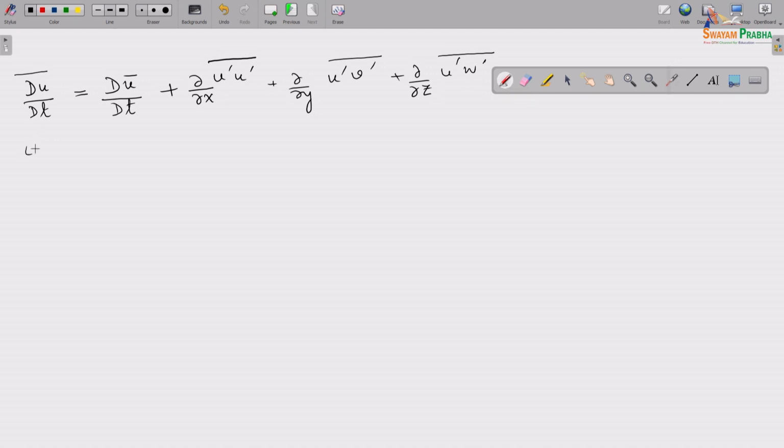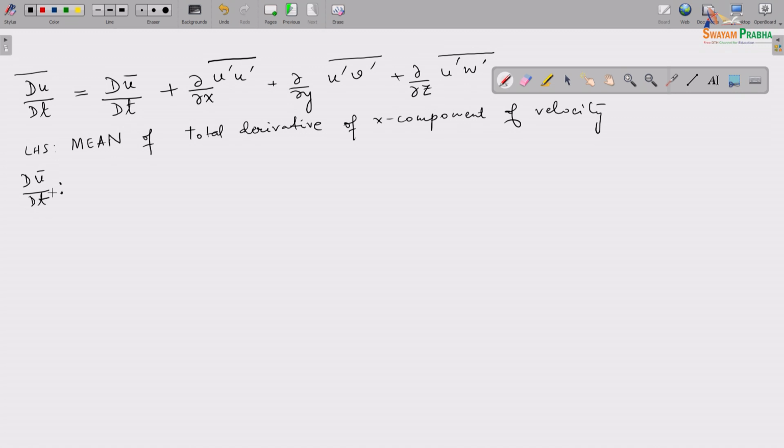So, what the left hand side here is, mean of total derivative or material derivative. So, mean of total derivative of x component of velocity, right, and what is this?